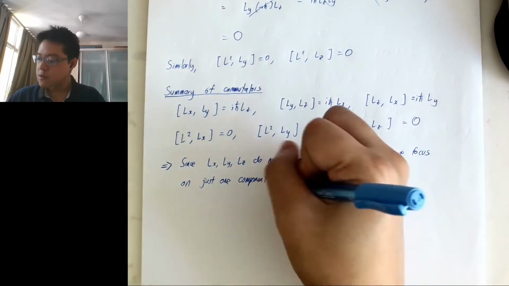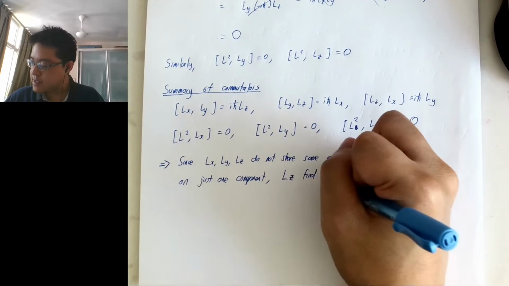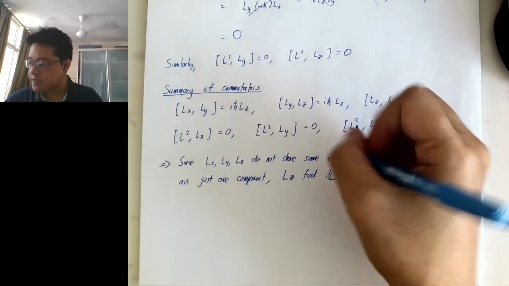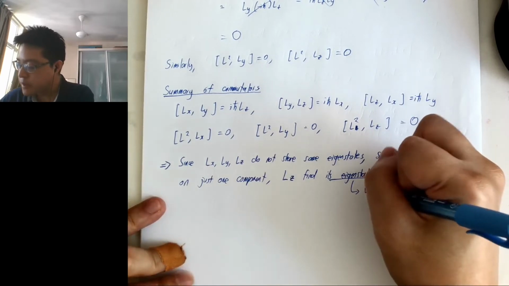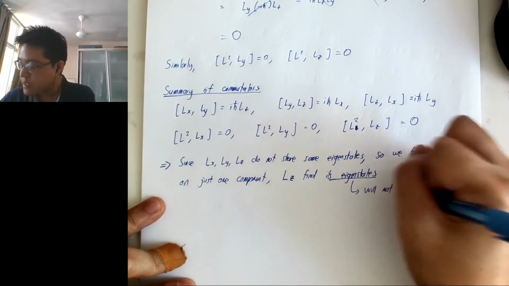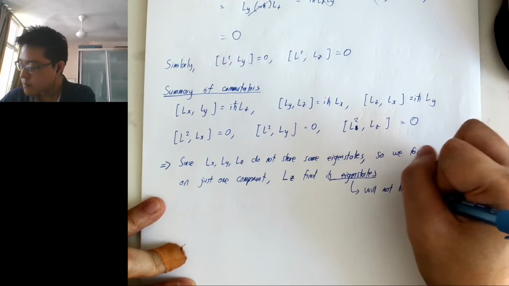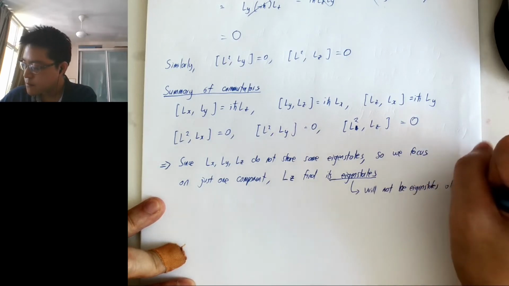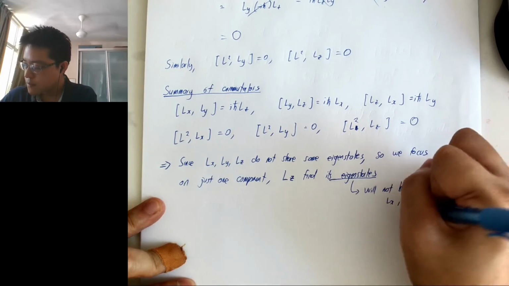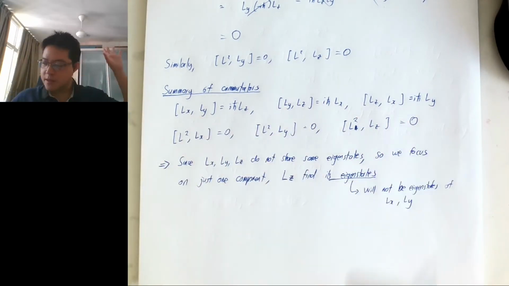Okay, so find the eigenstates, and from the above reasoning, we realize that of course they do not commute, so they will not be eigenstates of Lx and Ly. Okay, so they don't commute, so don't bother. We focus on one.